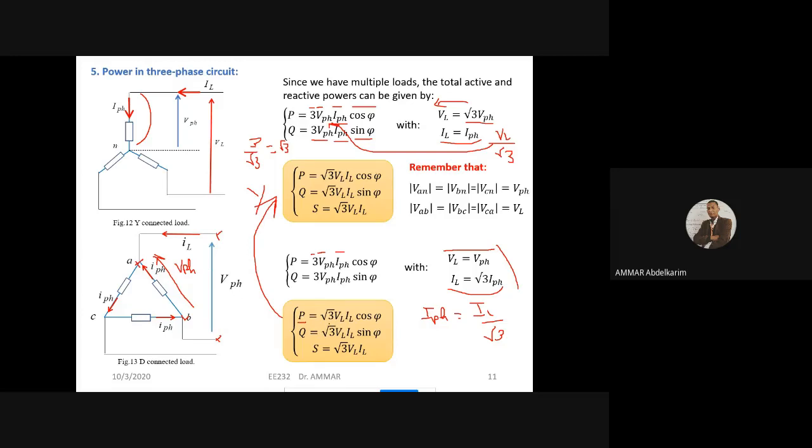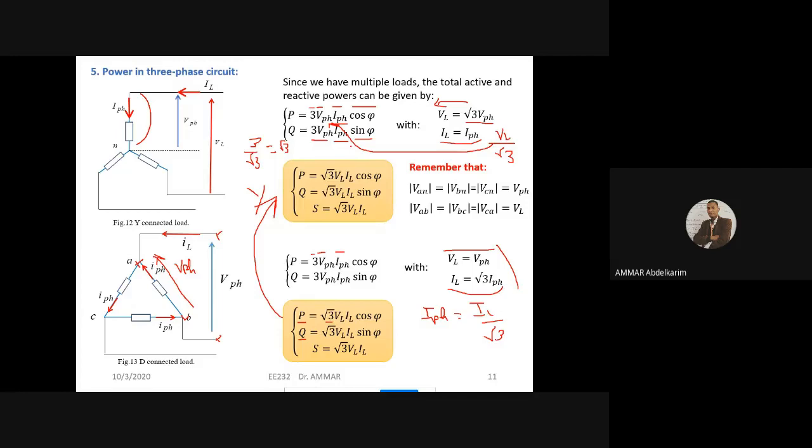So here P equals square root of 3 V line, I line, cosine phi or theta, and Q is square root of 3 V line, I line, sine theta or phi, and S of course is square root of 3 times V line times I line.